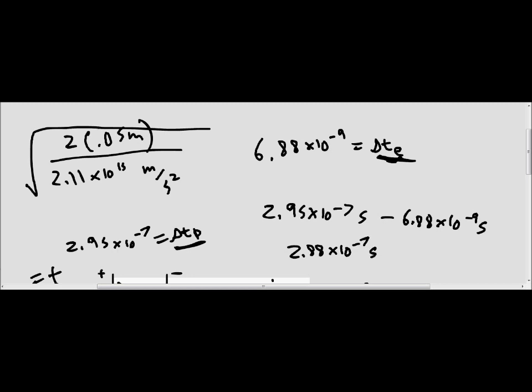Now, since this is a positive number, we can figure out that the proton time was larger, therefore meaning that the electron got there first. And so this is our final answer. Now we're going to move on to the last problem, number 10.